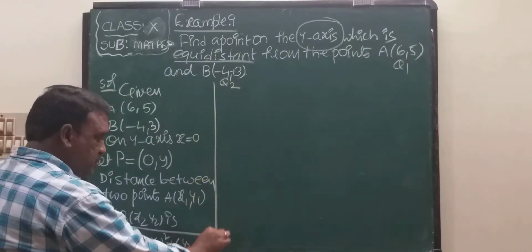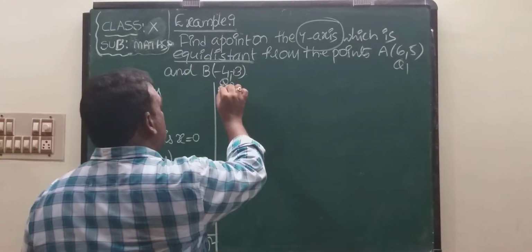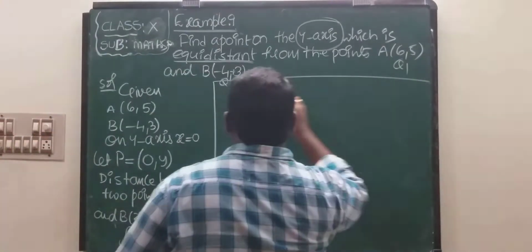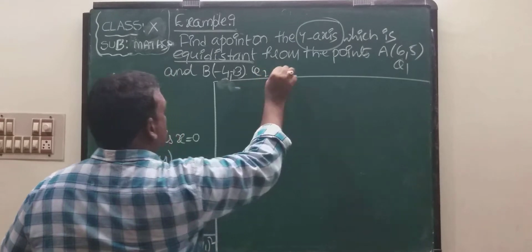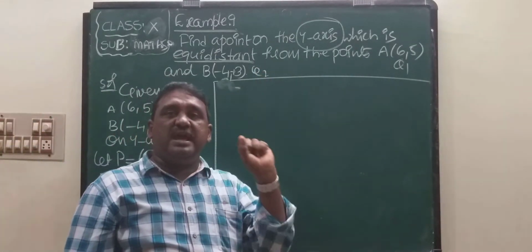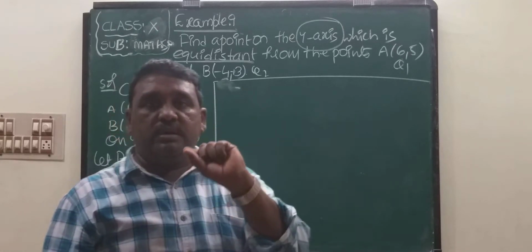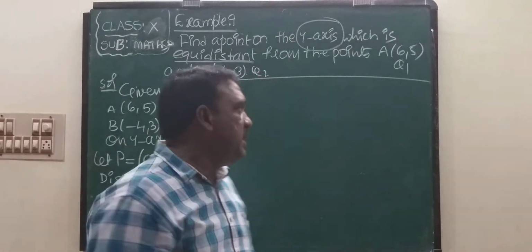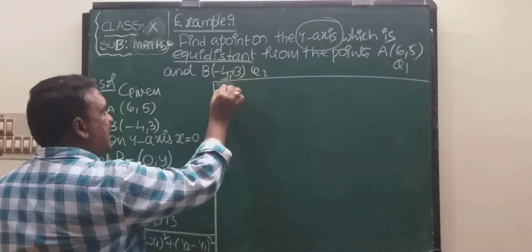Then substitute, as you know the values. First find out the distance between P and A. Next find out the distance between P and B. So first, heading PA.